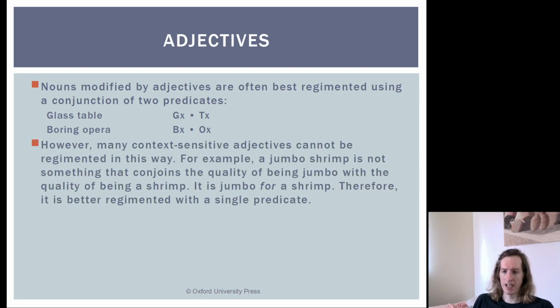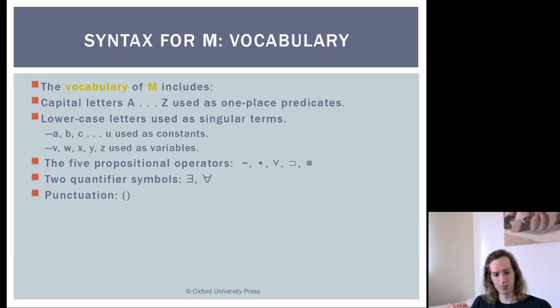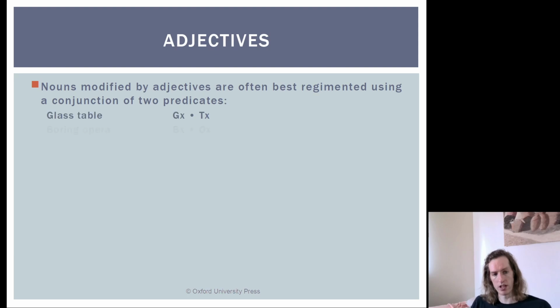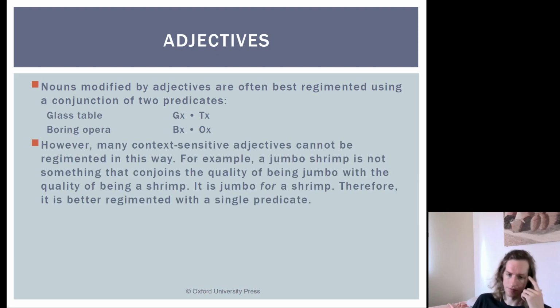However, many context-sensitive adjectives cannot be regimented in this way. So, for example, a jumbo shrimp is not something that conjoins the quality of being a jumbo with the quality of being a shrimp. It's jumbo for a shrimp. It's, relatively speaking, jumbo-sized. So therefore, it is better regimented with a single predicate, where we would just say x in this case for jumbo shrimp.